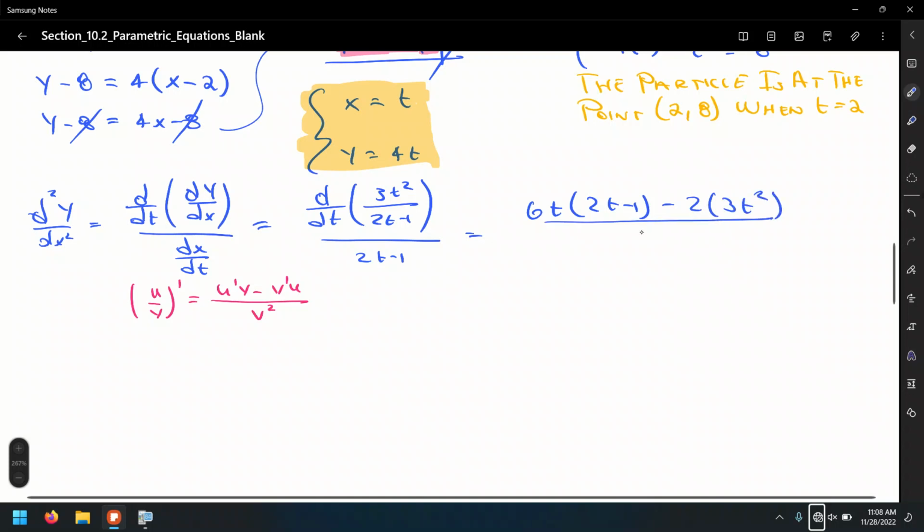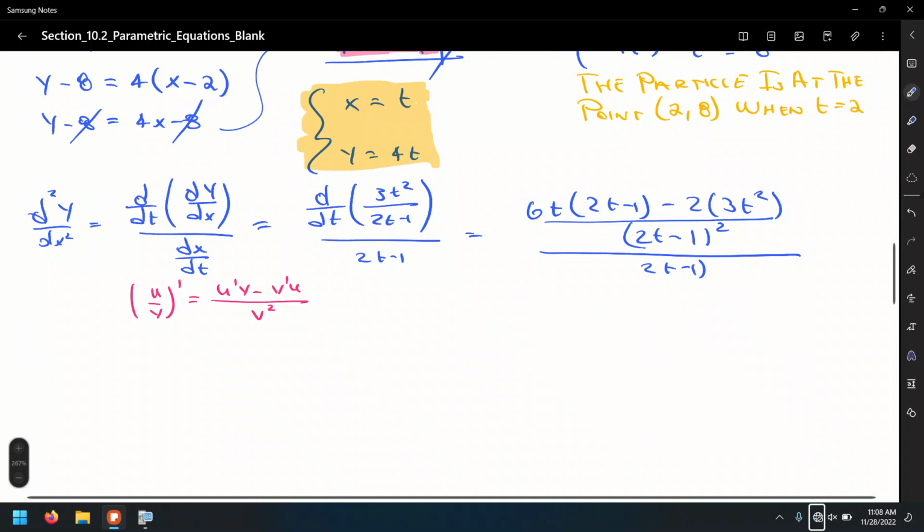The whole thing divided by the denominator squared, 2t minus 1 quantity squared. And careful, because we're dividing this whole thing by the quantity 2t minus 1, which is dx dt from the formula for the second derivative.